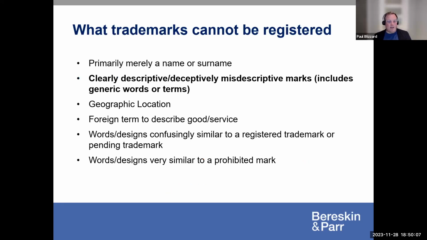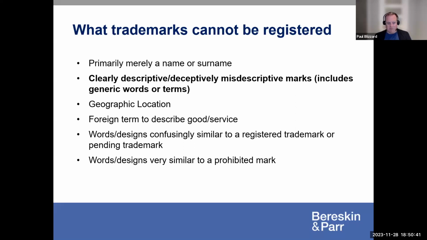There are some other things that can't be registered. You can't register trademarks that are primarily a name or a surname. You can't register marks that are clearly descriptive, as I mentioned, beef, or deceptively misdescriptive marks. If you try to register the trademark beef for pork or beef for chicken, that's a deceptively misdescriptive mark and is not allowed to be registered.